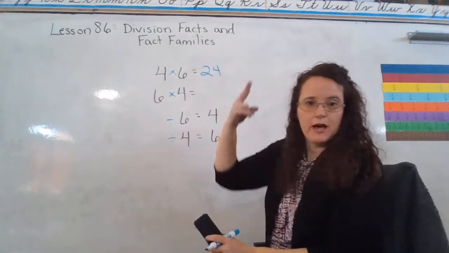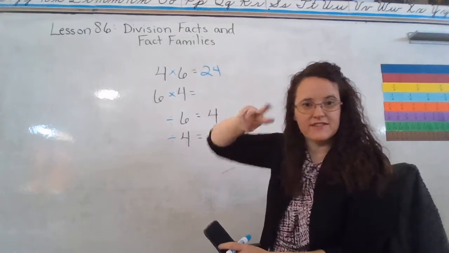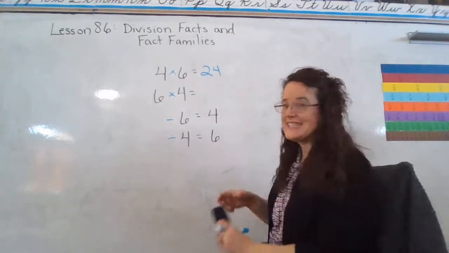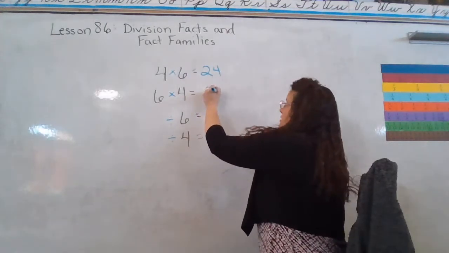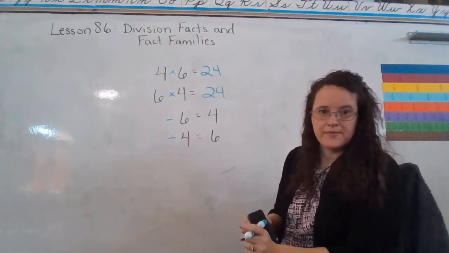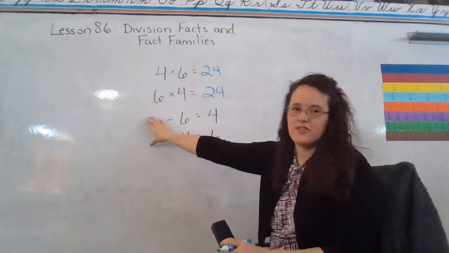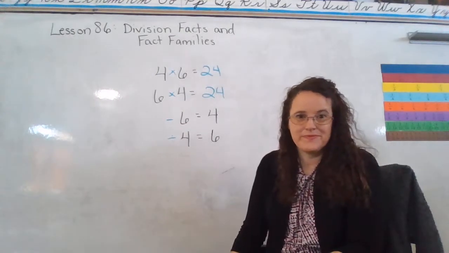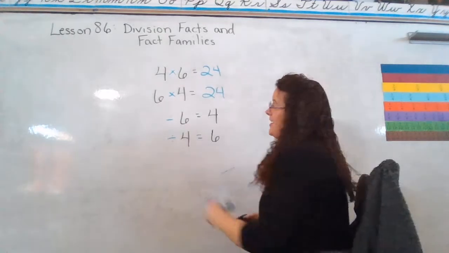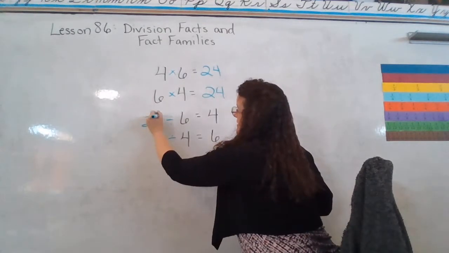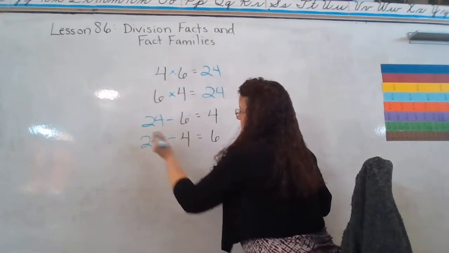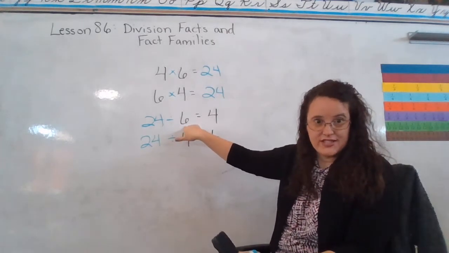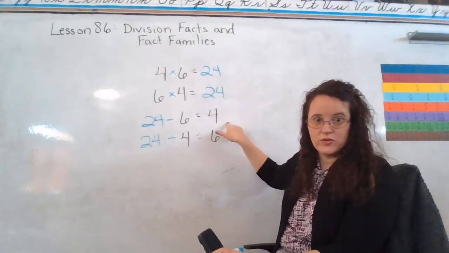If I flip-flop, instead of 4 times 6, if I flip it and say 6 times 4, it's still 24. So now what do you think the number at the beginning of my division problem is going to be? Did you say 24? You would be correct. And again, we can flip-flop the divisor and the quotient.